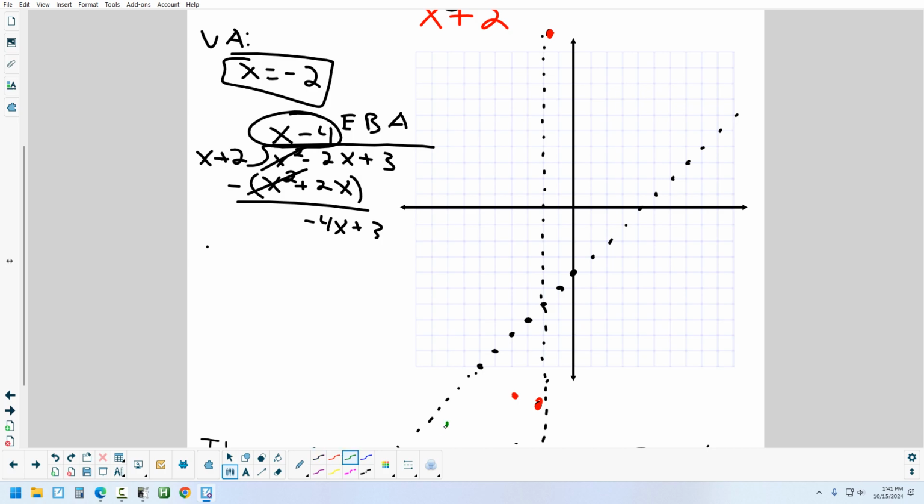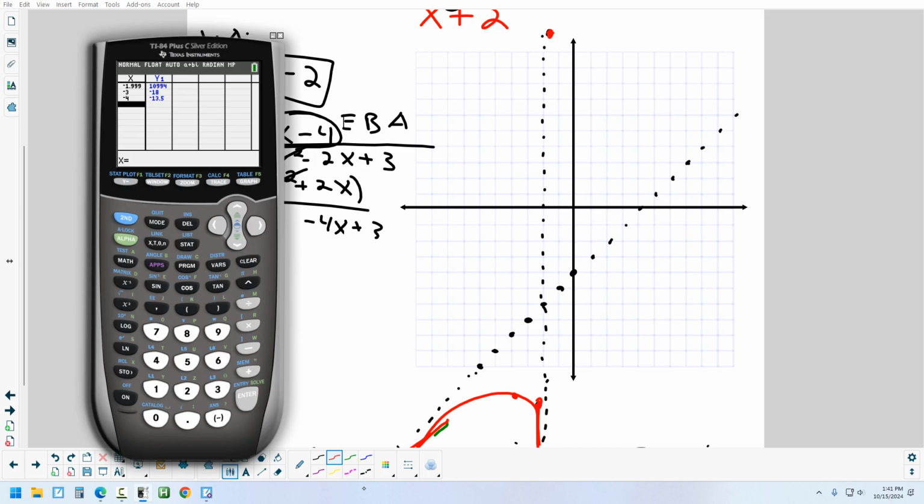Eventually, it has to start getting very close to that one, and it has to get very close to that one. So that section is going to do something like that. As you continue to the left, the red one and the black one are going to get closer and closer, just like the parabola. A little hard to sketch it because it went off the graph, but I think we got it.